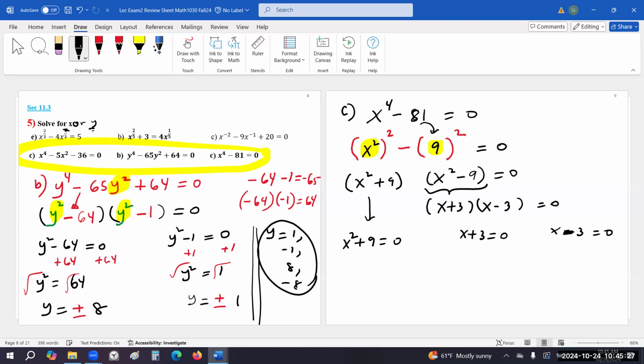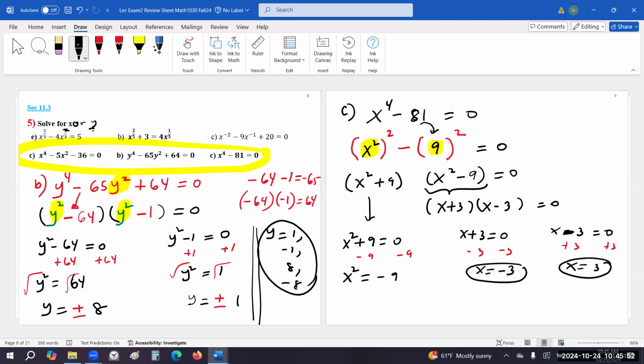We set each factor equal to 0. So subtract 9, subtract 3, add 3. I'm solving 3 of them together at the same time. So x squared is negative 9, x is negative 3, so we are done. x is positive 3, we are done.